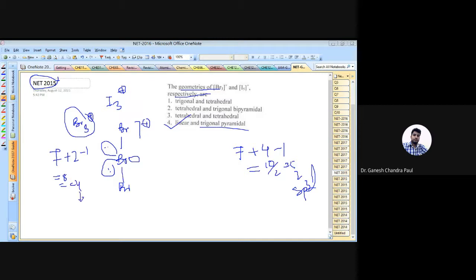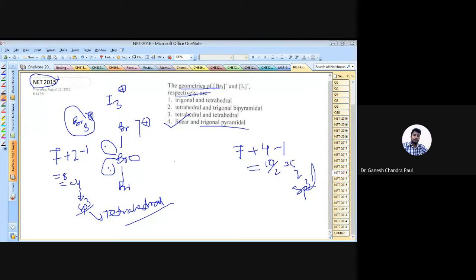So that indicates sp3. If it is sp3, then it is tetrahedral, right? So then what is the correct option? Tetrahedral and trigonal bipyramidal, or linear and trigonal bipyramidal?